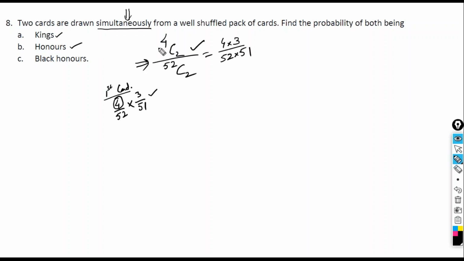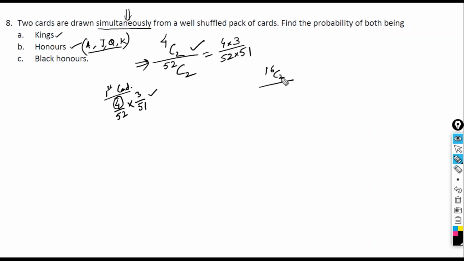For B, tell me how many honor cards are there? Total number of honor cards. A, J, Q, K. For every suit, there are 4 honor cards, which makes a total of 16 honor cards.